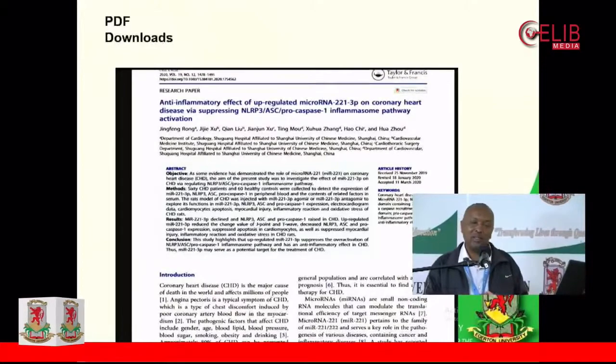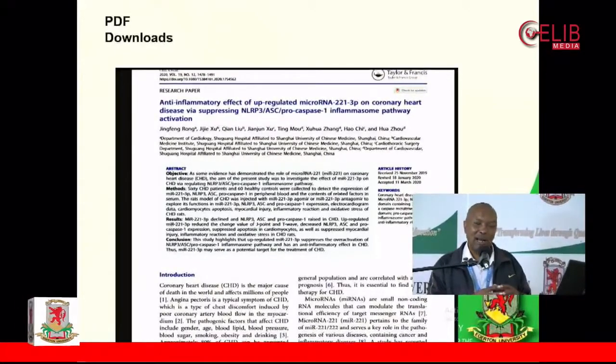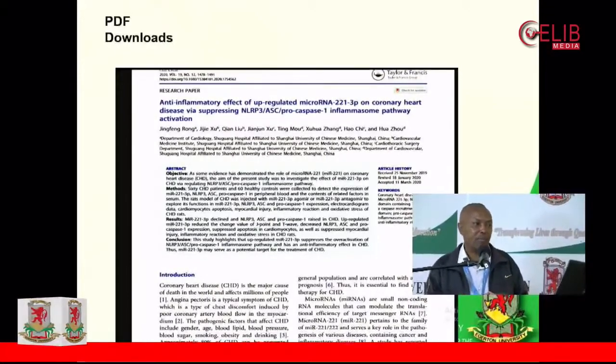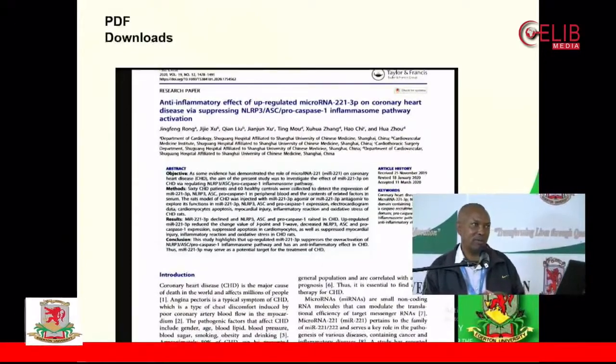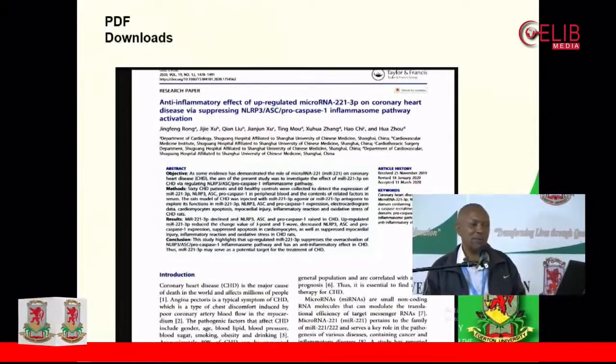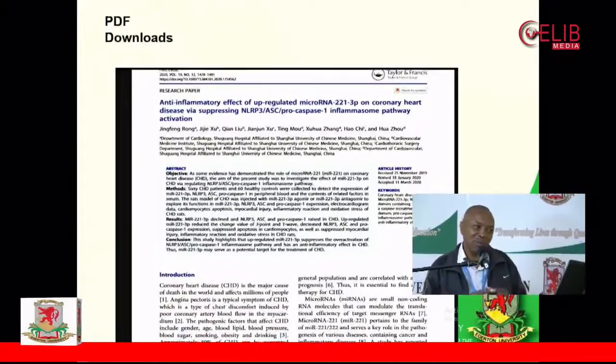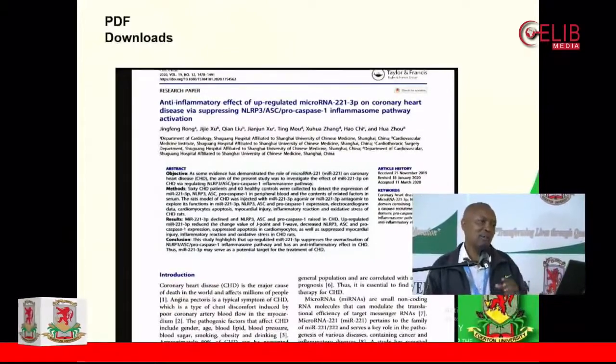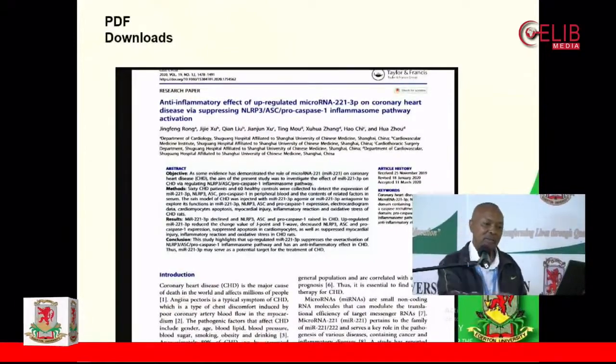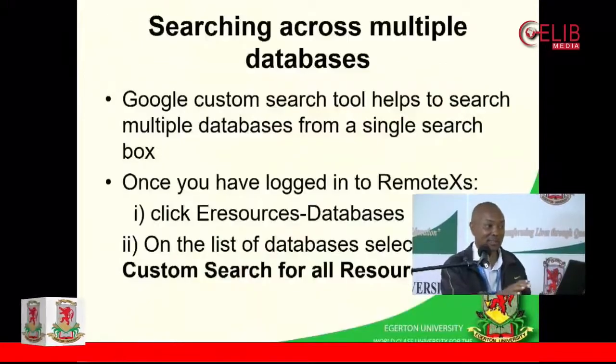It will allow you to download an article or a chapter, and on your screen you can see we have a PDF. A PDF is what we call portable document format. We also have an editable version, and you can still download and copy paste. Although we don't encourage copy pasting so much, our resources you can actually download in full text.